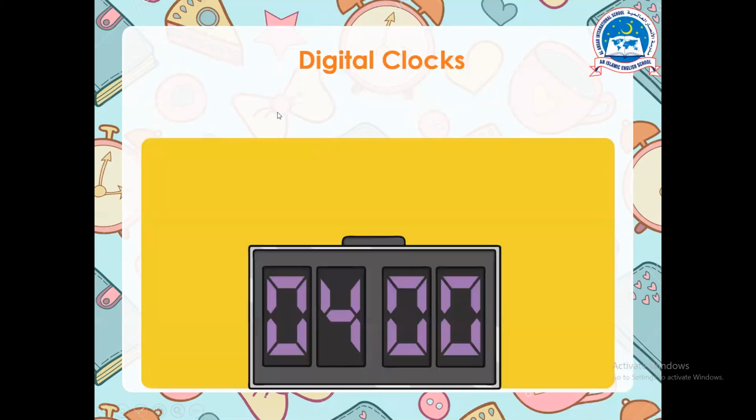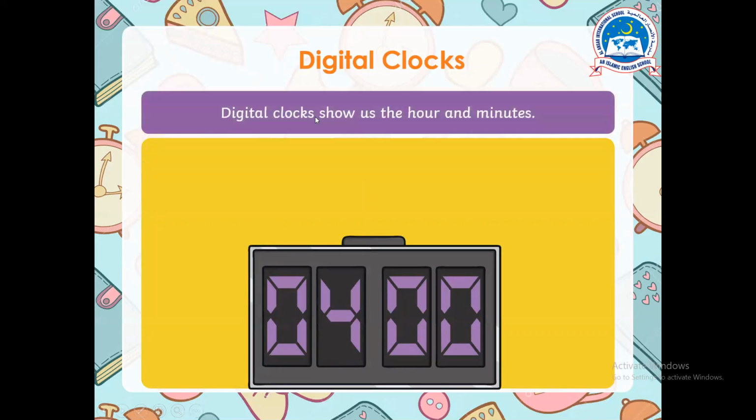Now let's talk about the digital clocks. Okay, now the digital clocks show us the hour and minutes, right? The hour and the minutes are separated by a colon. Here we have the hours and here we have the minutes, okay?